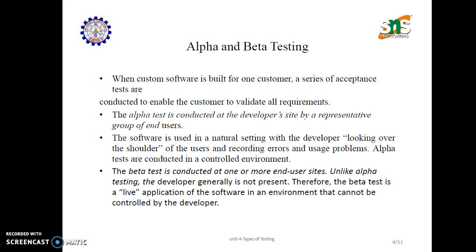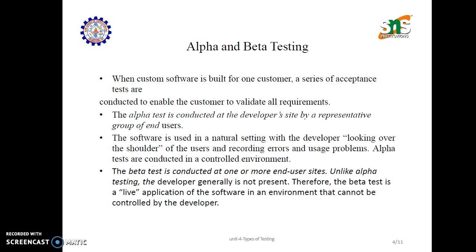Next is alpha and beta testing. When software is built for one customer, a series of acceptance tests has to be conducted. The actual definition of an alpha test is that it is conducted at the developer's side by a representative group of end users.